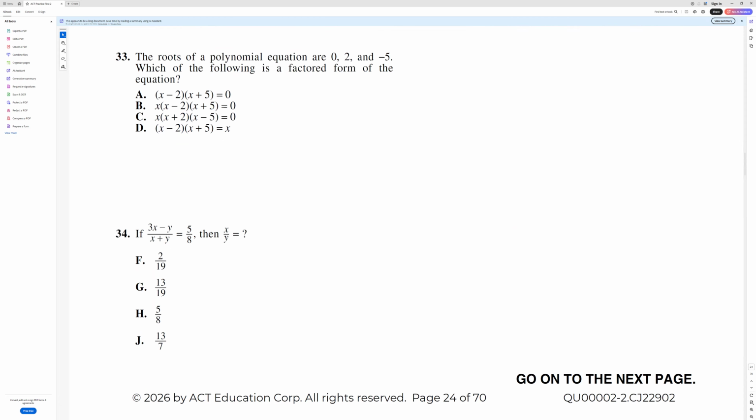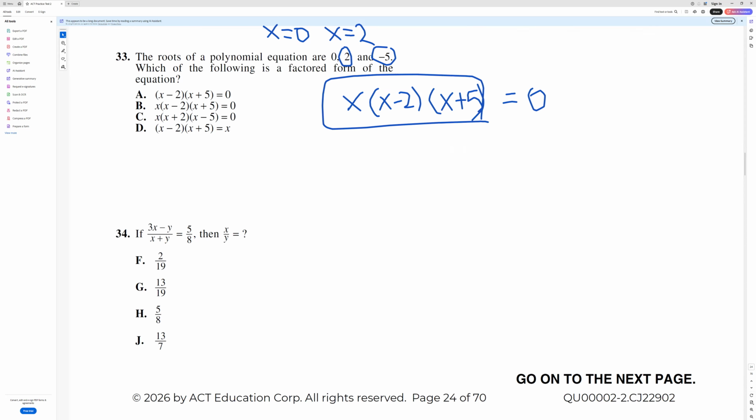X equals 2 means x minus 2, because all of that is going to equal 0. So when we solve, we need to add 2. And negative 5 means x plus 5. Do we have such a thing in here? X minus 2. Only 1. Okay. Next.